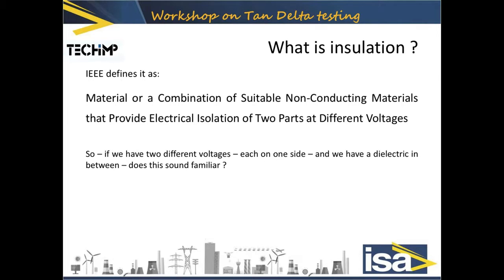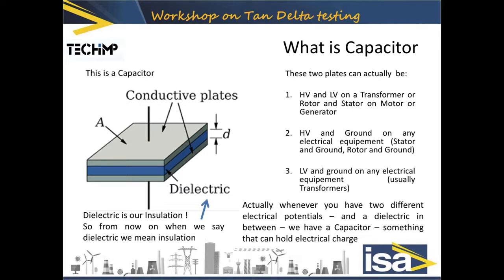So let's say now we say here at different voltages. If we have two different voltages, each on one side, and we have a dielectric in between, a dielectric or an insulator, does this sound familiar? Well, actually, it sounds quite familiar because this is more or less the definition of a capacitor.